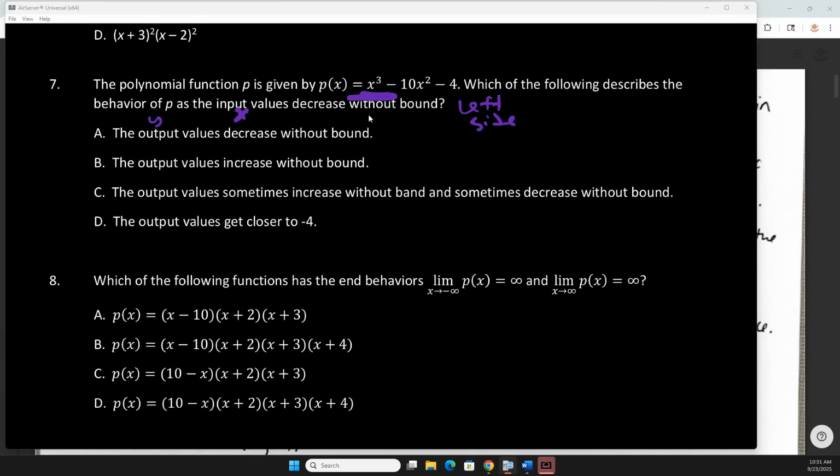Increasing. Yeah, so if the leading coefficient is positive, I know the right side is pointing up. And then because this is odd, what would the left side be doing? Decreasing. Yeah. So pointing down, we're going to be decreasing without bound. Right. Any other questions?